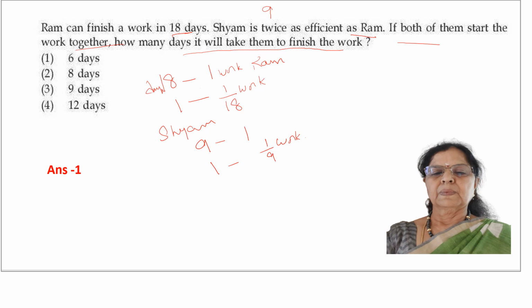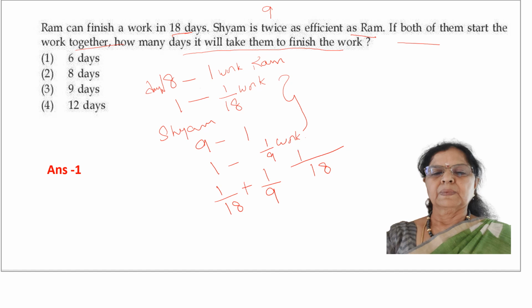So now Ram and Shyam are working together. That means in one day, they will finish 1 by 18 work by Ram, and Shyam will finish 1 by 9 work per day. So together, you add the amount of work done by them. So if you add, the LCM is 18.